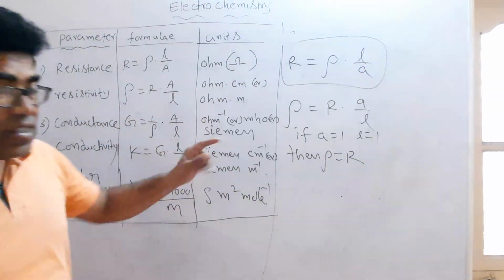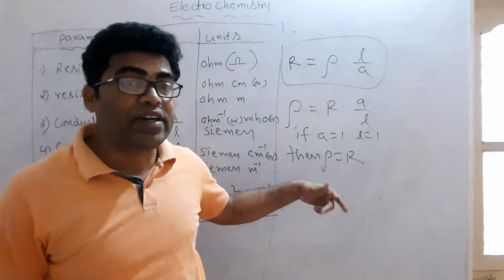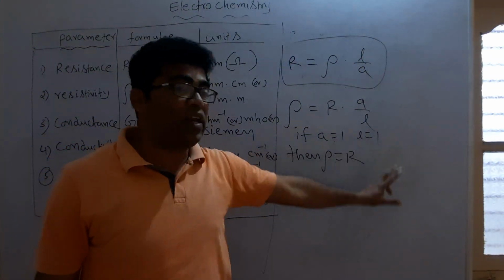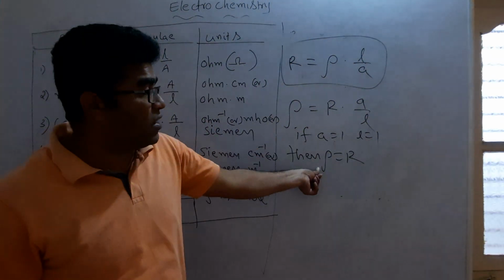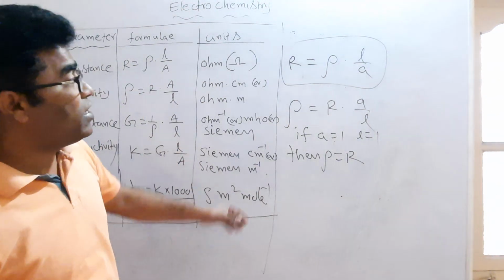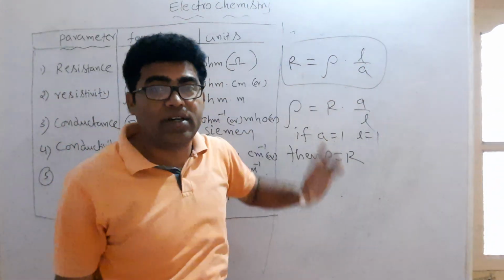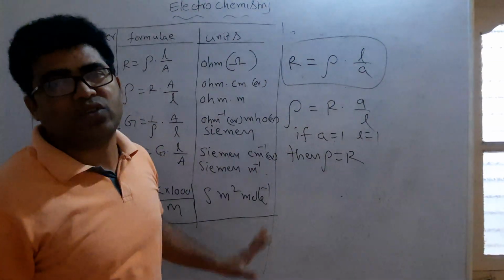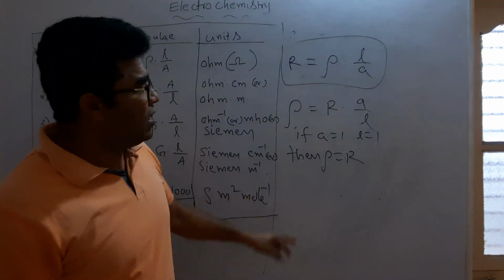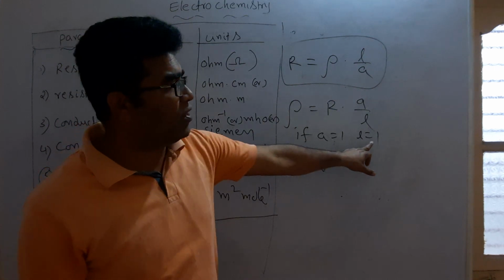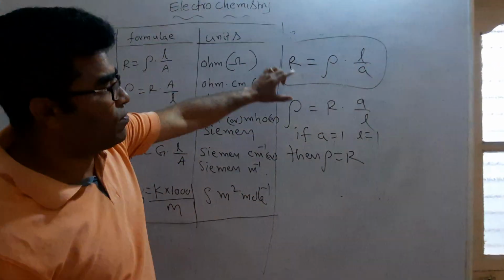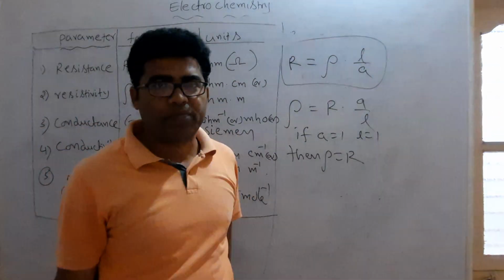Specific resistance is nothing but resistance when A equal to 1 and L equal to 1. So what is specific resistance? The resistance offered by an electrolytic solution when the length between the two electrodes and area of cross section of electrodes becomes unity.